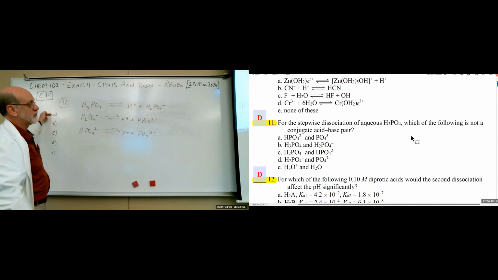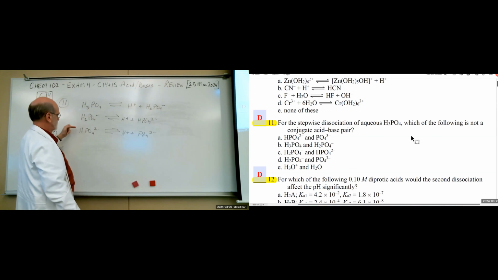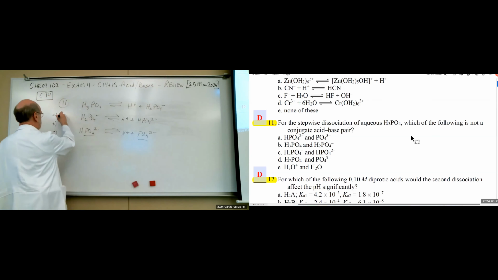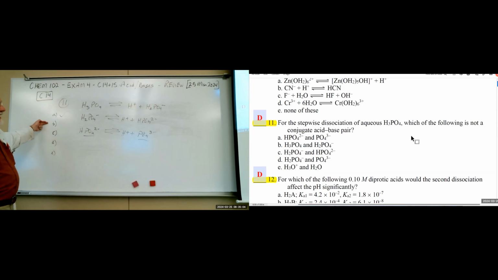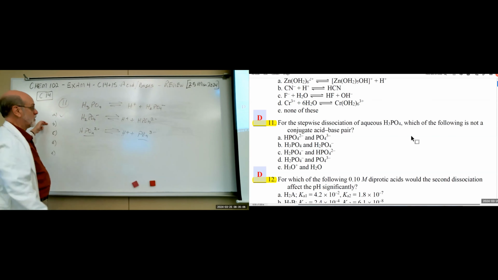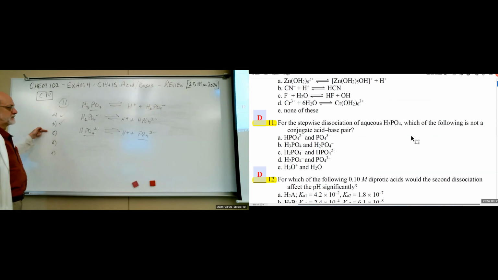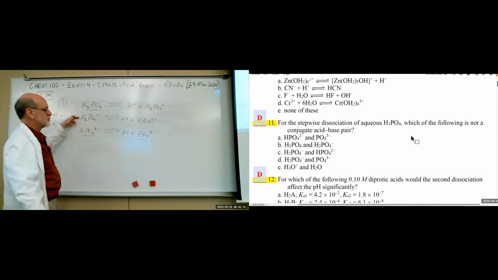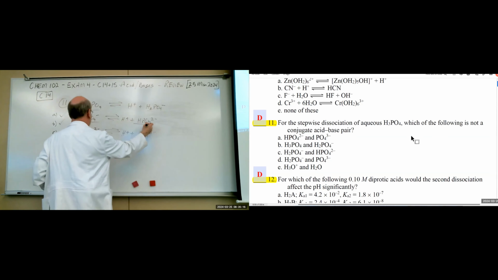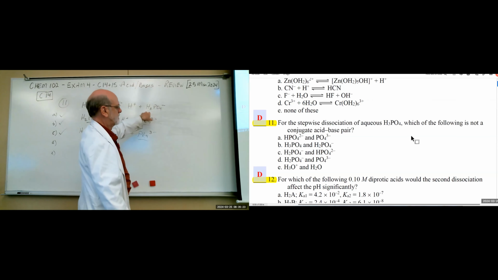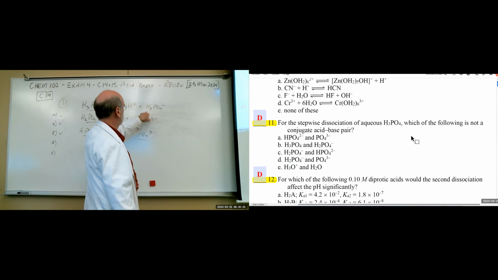H2PO4 2 minus, and PO4 3 minus. Yep. A is correct. H3PO4 and H2PO4 minus. Yep, there they are. B is correct. H2PO4 minus and HPO4 2 minus. Yep. C is correct.